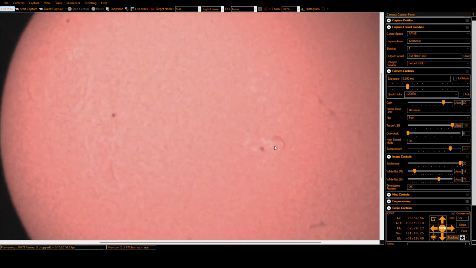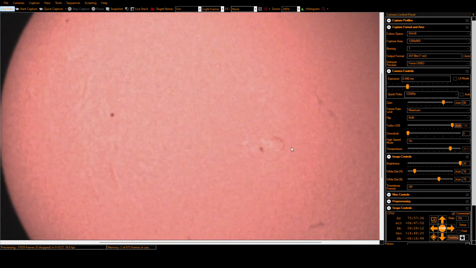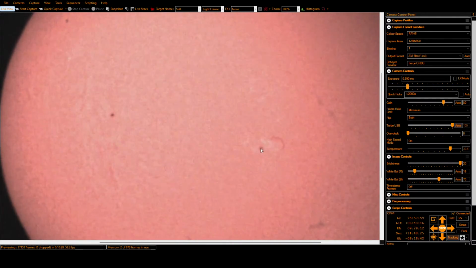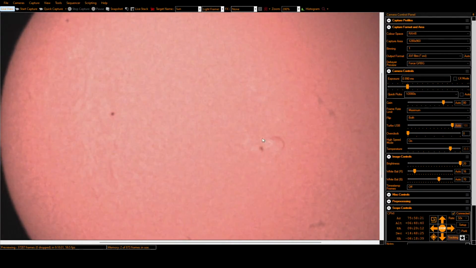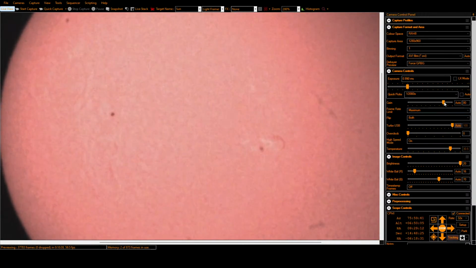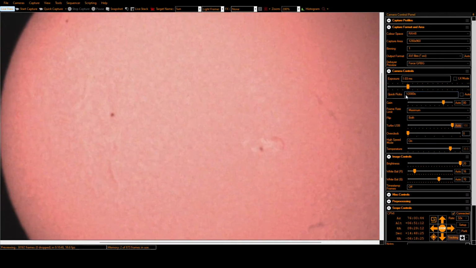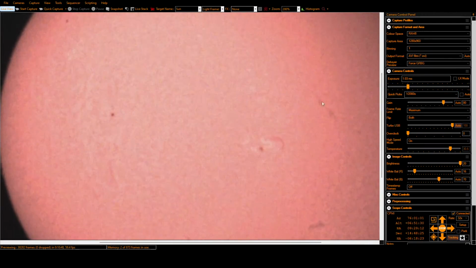So this whitish discoloration between the filament and the sunspot, that's what's known as faculae. F-A-C-U-L-A-E, the plural of facula. And these are filaments.